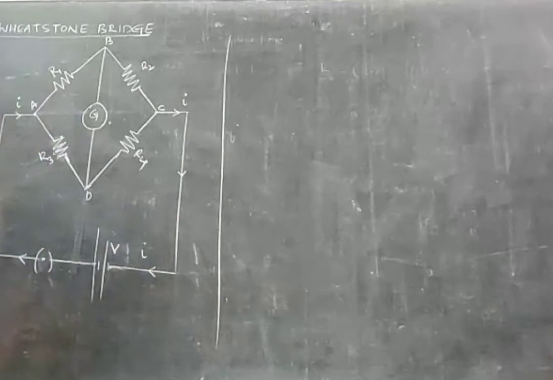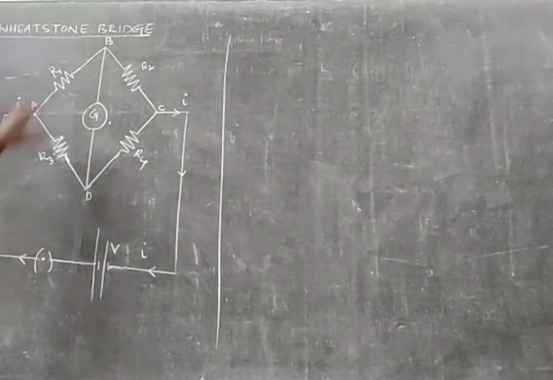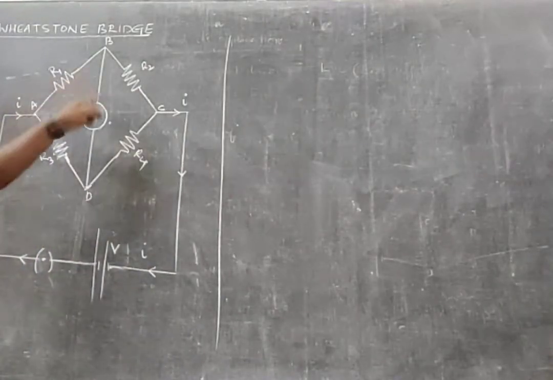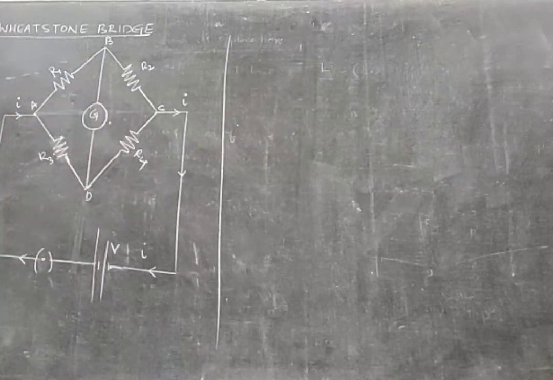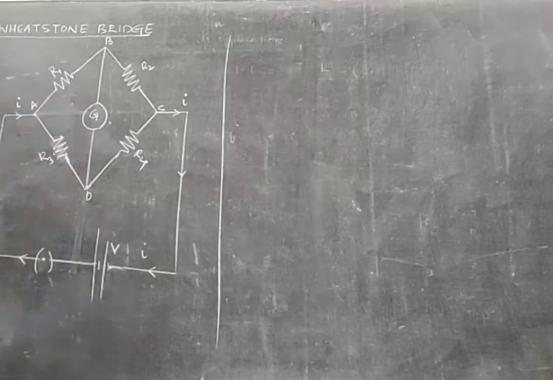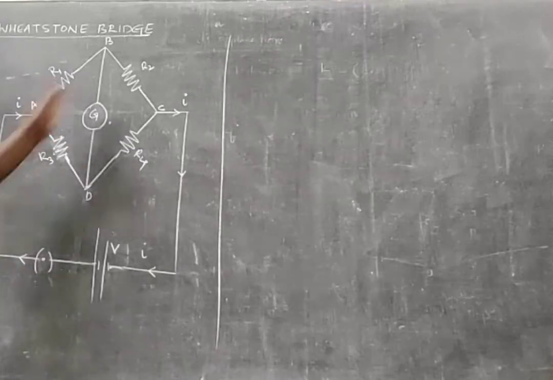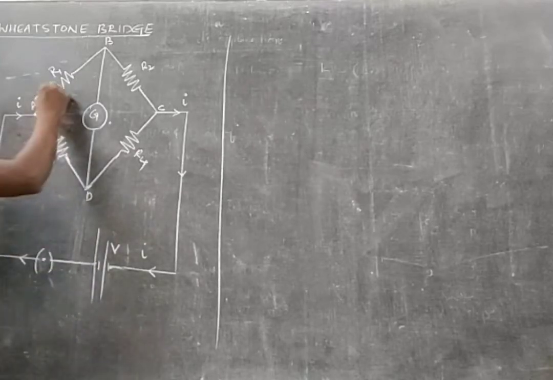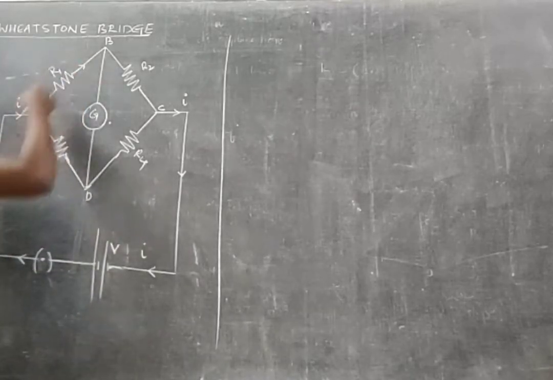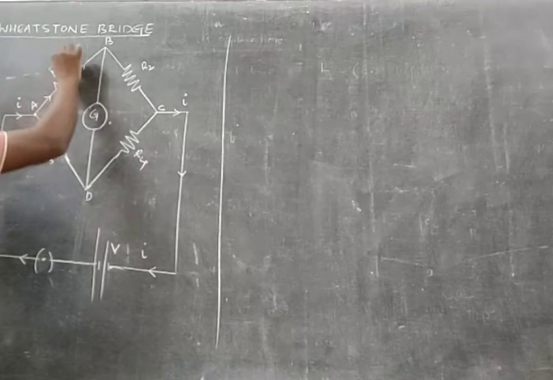So now let me apply the junction rule and distribute the currents in each resistor. Now the current across R1, let it be I1, right?